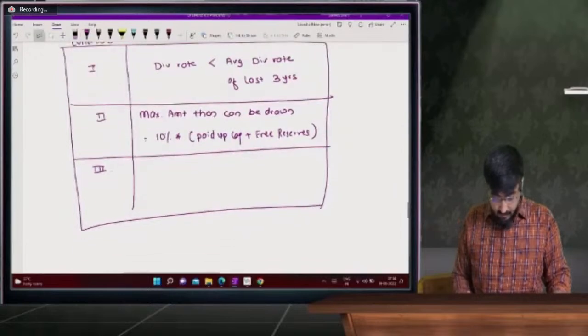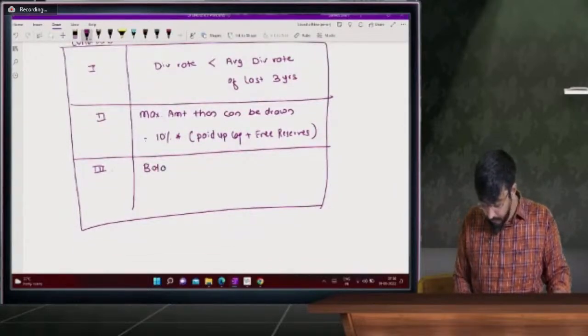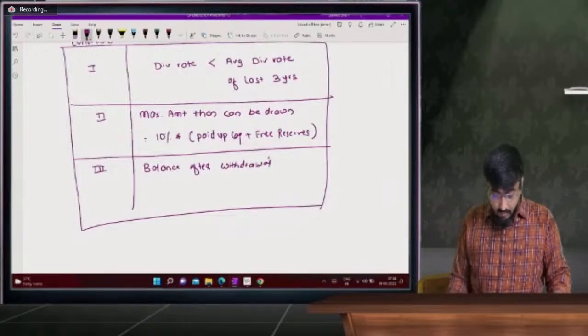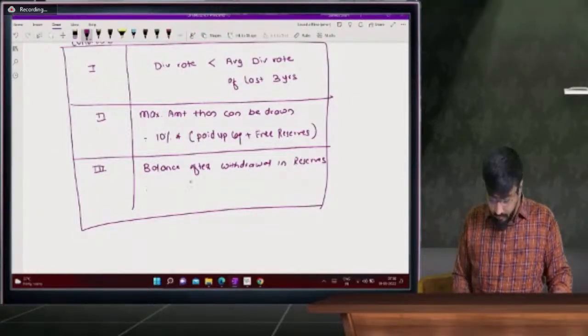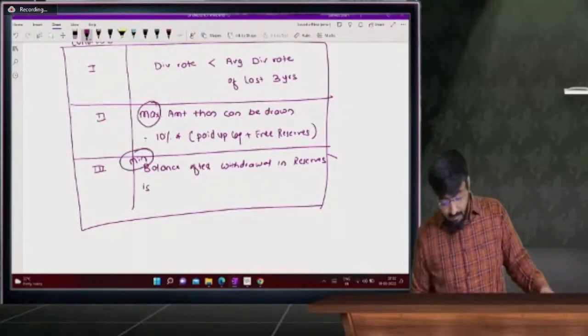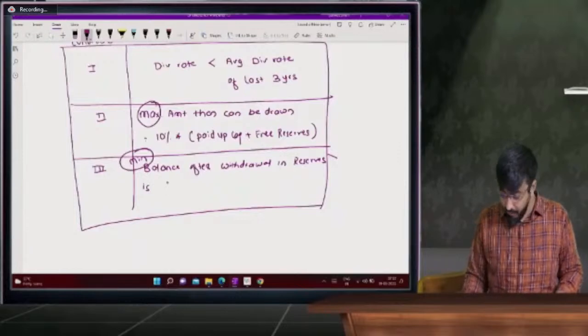And number 3, the balance after withdrawal in reserves is a minimum balance. This is the maximum amount and this is the minimum balance: after withdrawal, the reserves must be 15% of paid up capital.